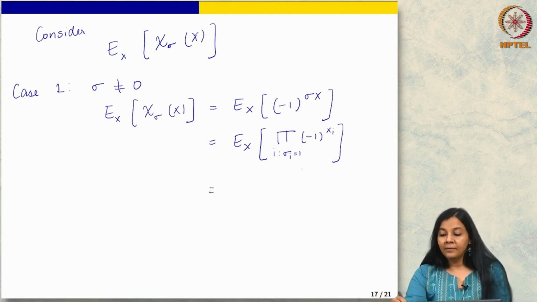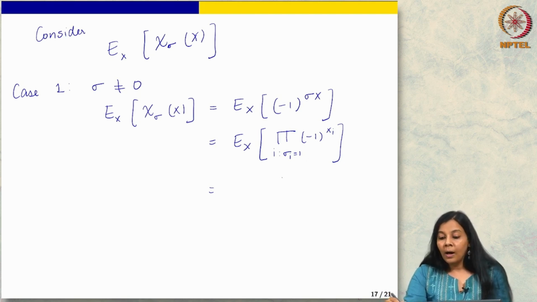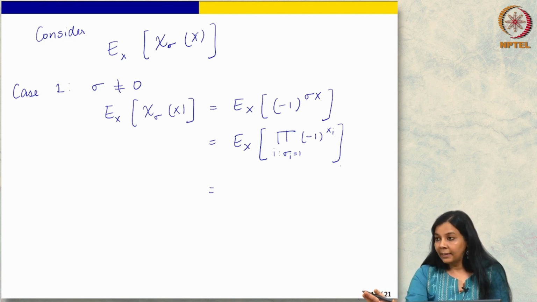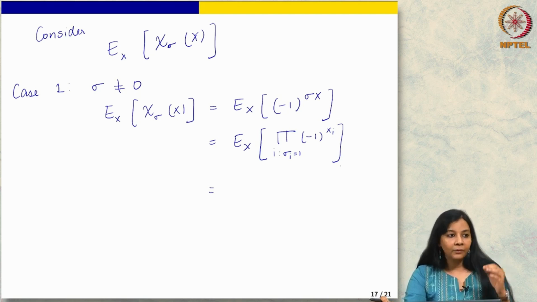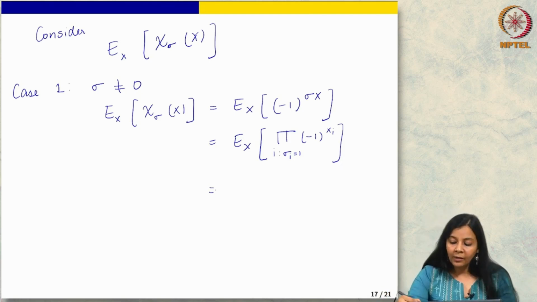This is so far just opening up the definition. Now there is one important simplification, from the fact that these x_i's are all IID. Because I am choosing the vector x uniformly, each bit x_i is chosen uniformly. So, I can bring the product outside.